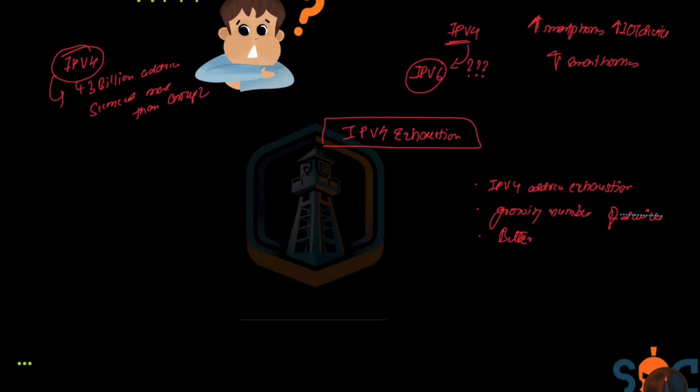After that, IPv6 for better performance and better routing compared to IPv4. It has built-in security and IPv6 doesn't need NAT. IPv6 is not just about more IPs, it's about a better and scalable internet.